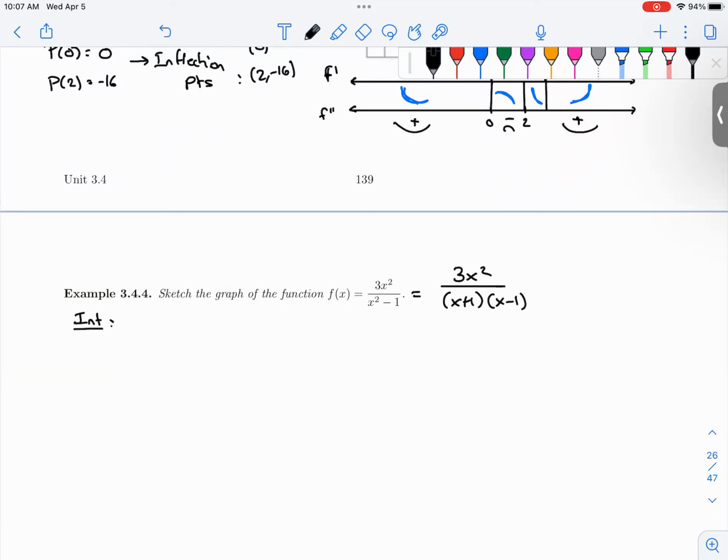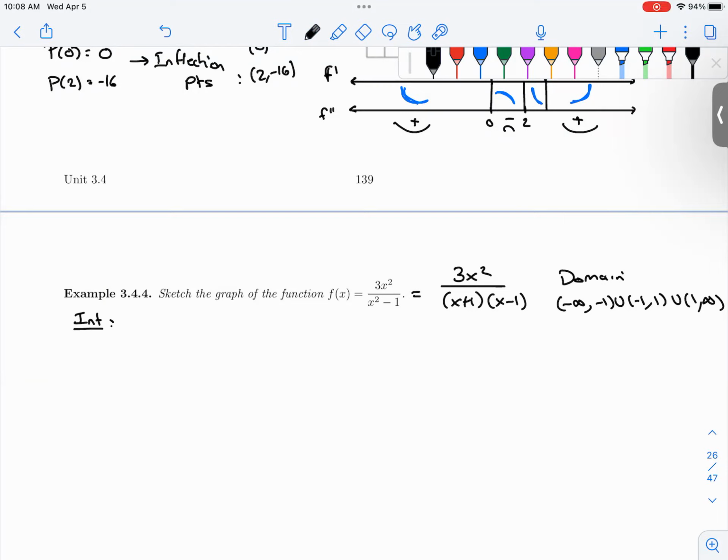I guess domain we can write over here. So the domain is negative infinity to negative 1, union negative 1 to 1, union 1 to positive infinity. That's because the function is undefined where its denominator equals 0, and that would be at 1 and negative 1. So those are the only 2 points where this function is undefined.